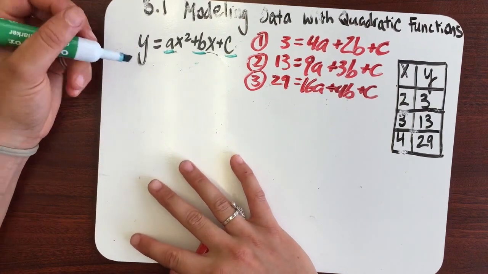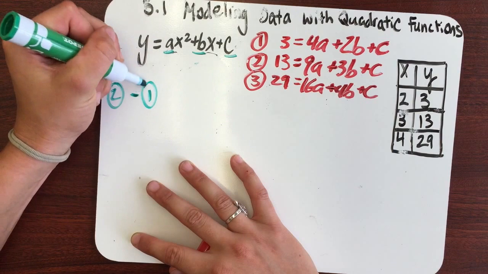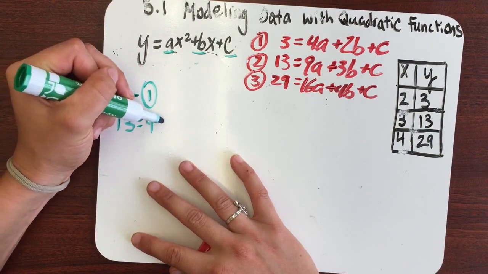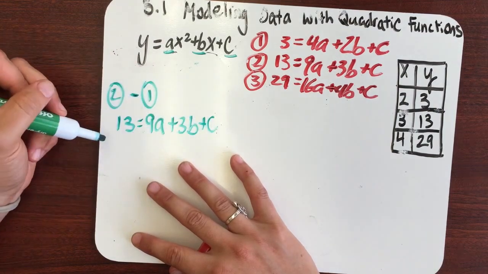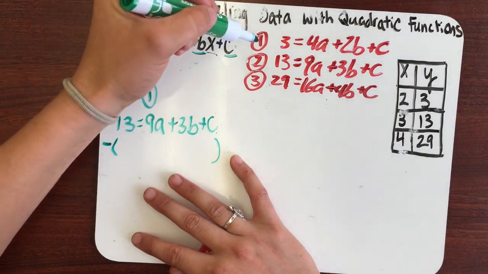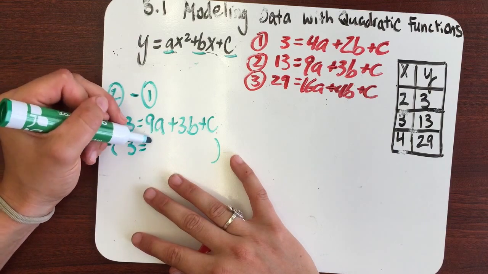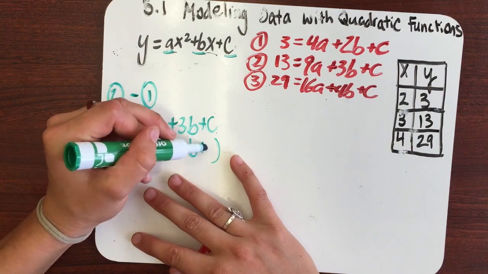So let's take equation 2 and subtract equation 1. So we have 13 equals 9a plus 3b plus c. Now we're going to subtract equation 1 here: minus (3 equals 4a plus 2b plus c).